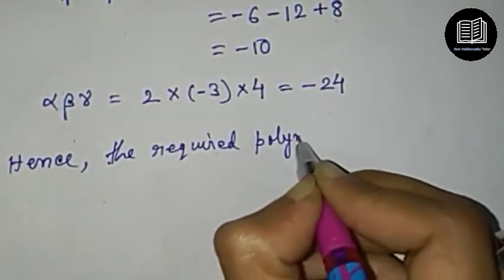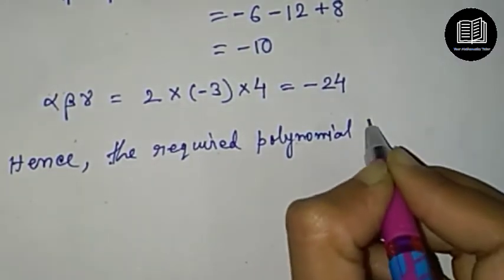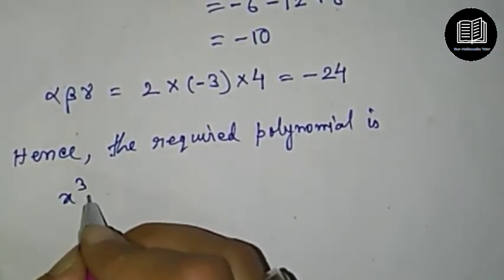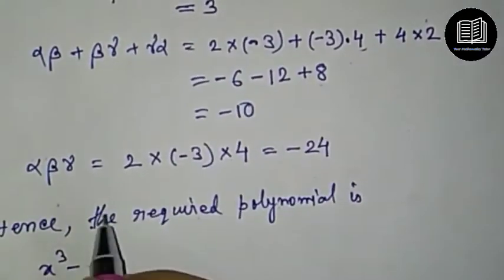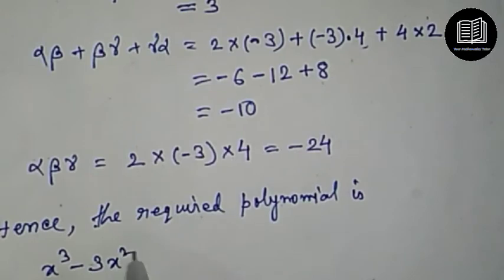Hence the required polynomial is x cube minus (alpha plus beta plus gamma), that is 3, minus 3x square.